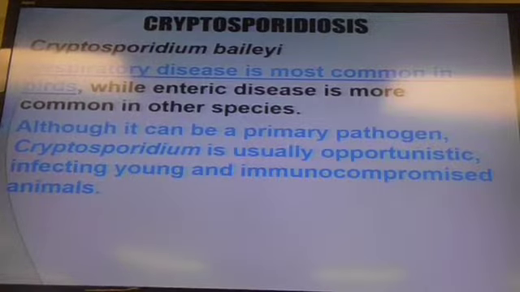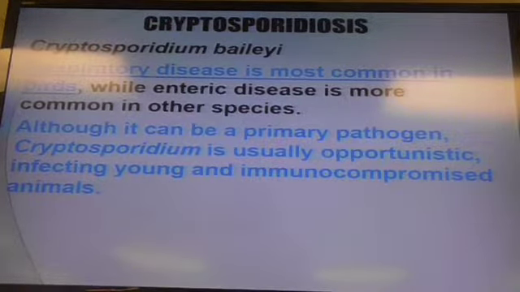And so Cryptosporidium in other species, how does it typically present? No, it does not cause cardiovascular disease, that's what you're thinking of. It causes enteric disease, so the GI, the gut. In birds, it's completely different. It actually causes a respiratory infection.